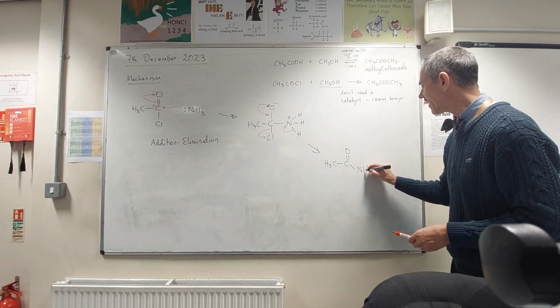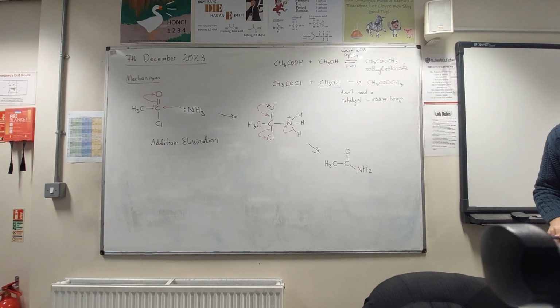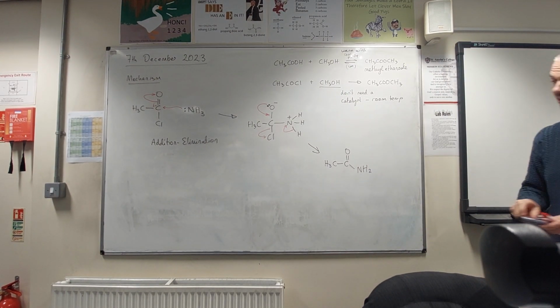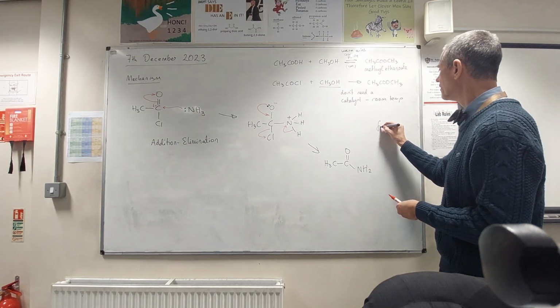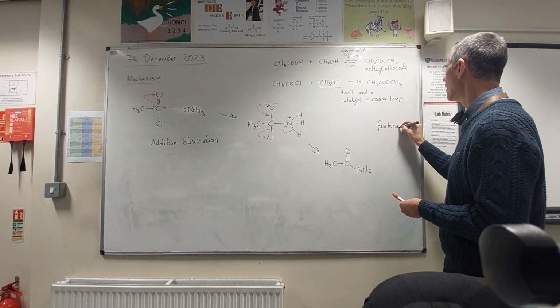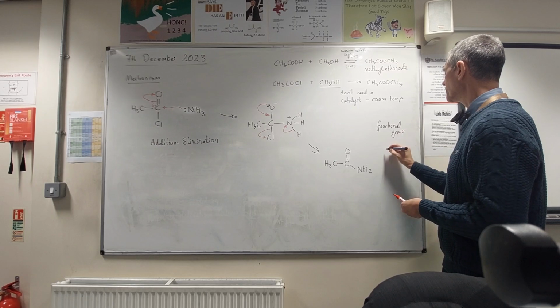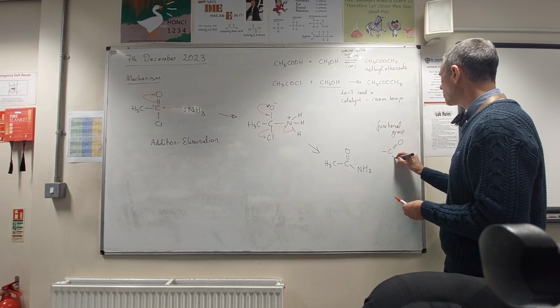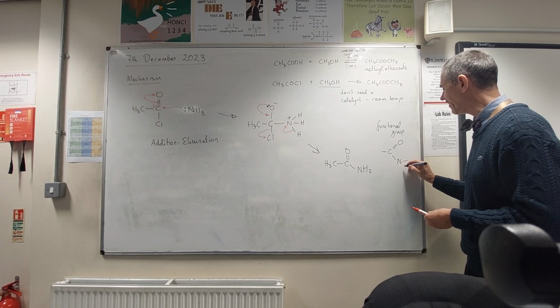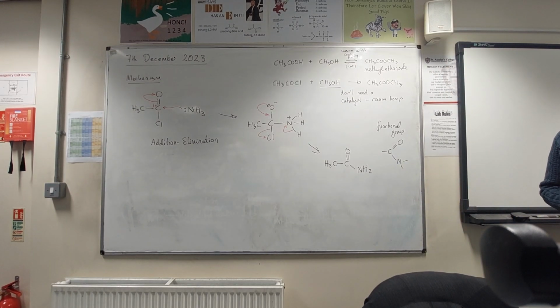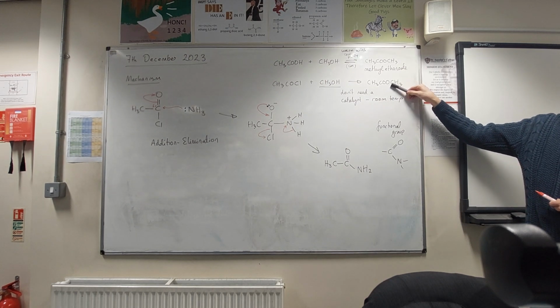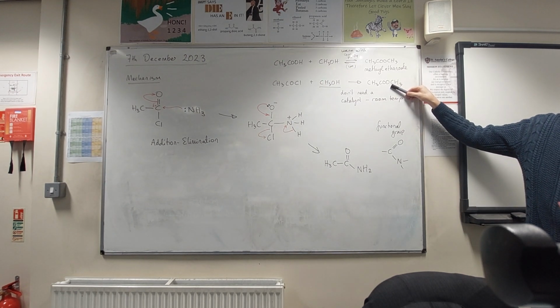What we have here now is NH2. So that's another new functional group. That's where we have a C double bond O and an N. It looks similar to a C double bond O and an O, like an ester, and it is.